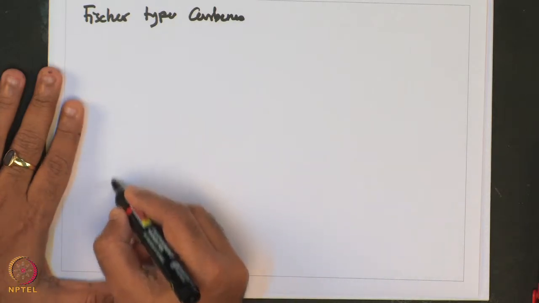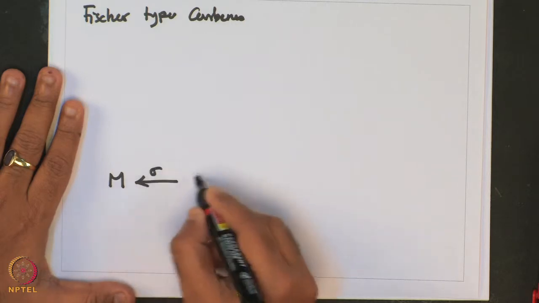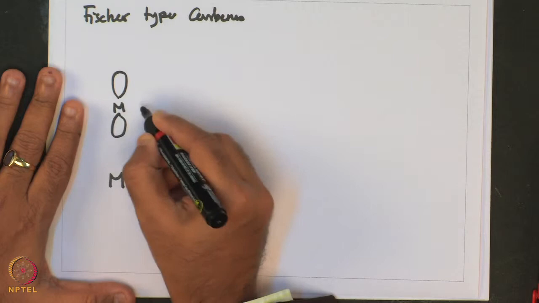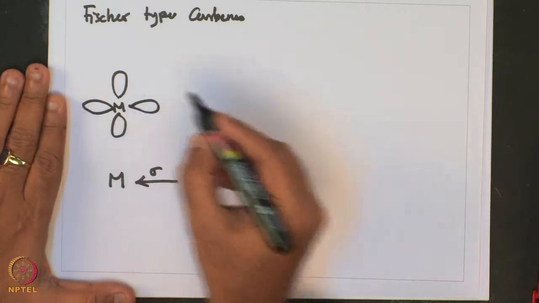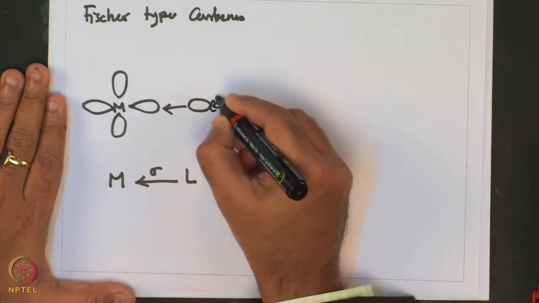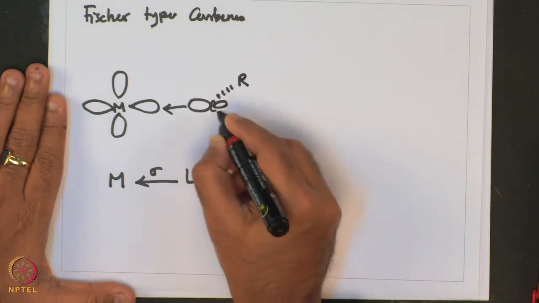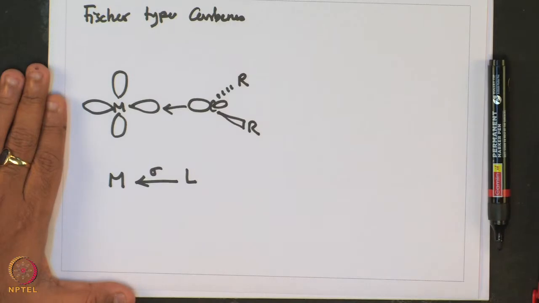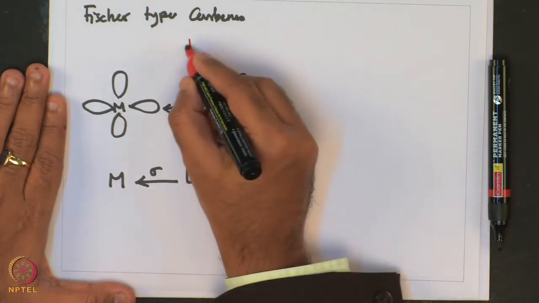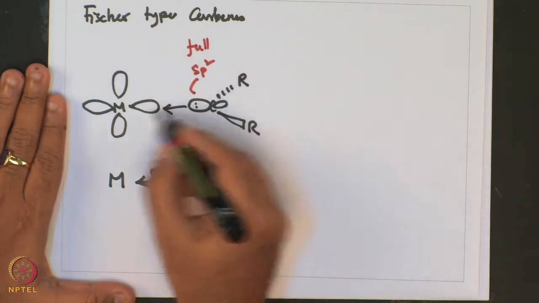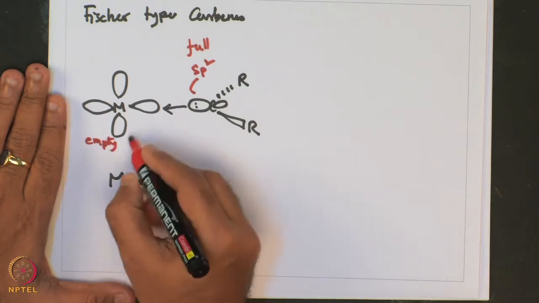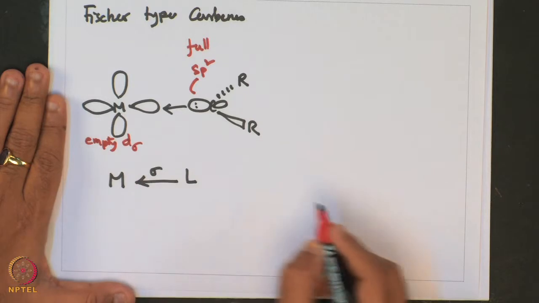One is ligand to metal sigma donation, and that is given by R. This is an sp2 orbital and this is full containing 2 electrons, and this is an empty dz orbital.